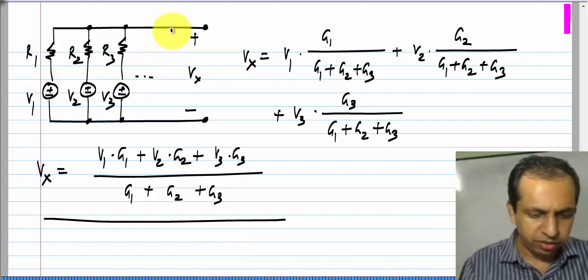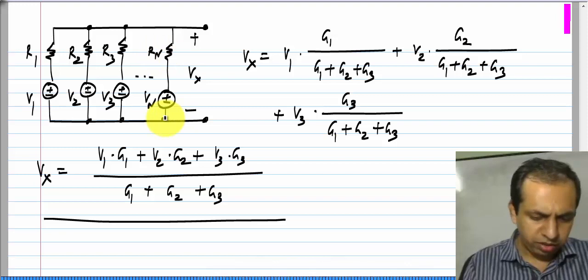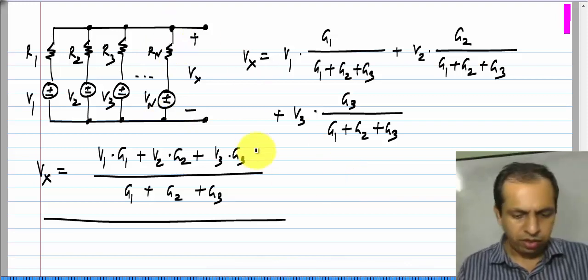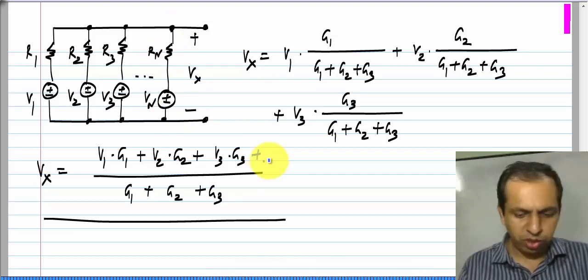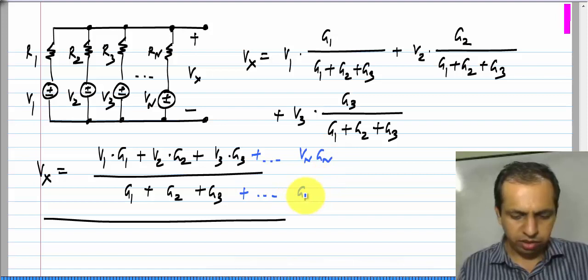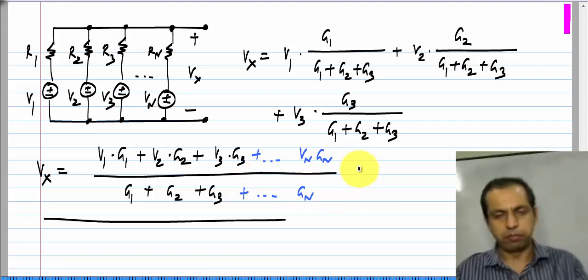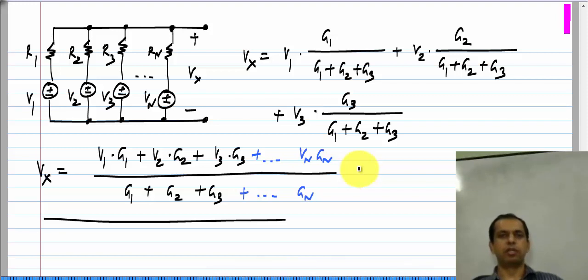So, let us say I connect n of these together, V n and R n. I will simply have to continue this formula, V n G n, and in the denominator also all the way to G n. Okay. So, this is what we will have.